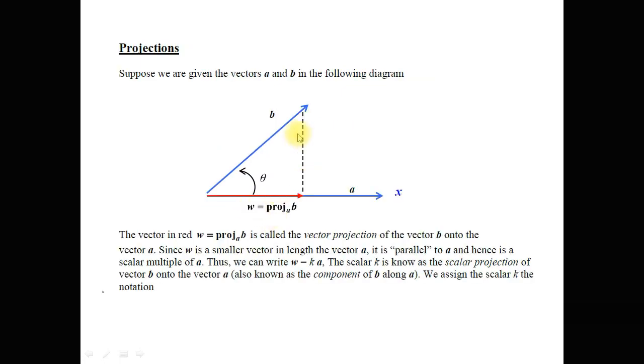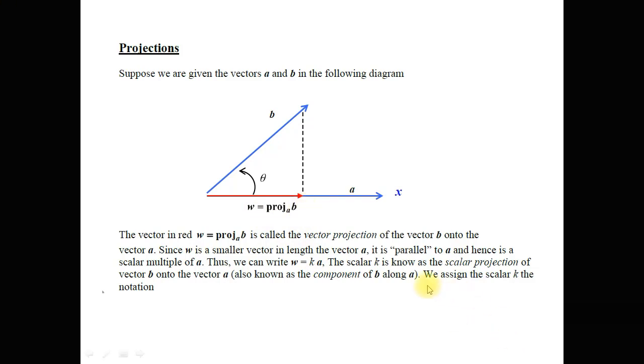You see over here in this diagram the length of vector W is less than the length of the vector A. So we can write W is equal to kA. So W and A vectors are parallel.